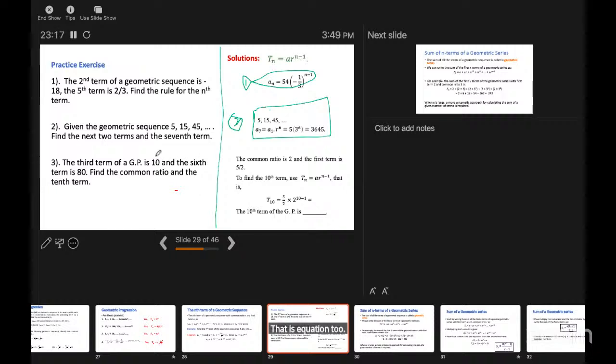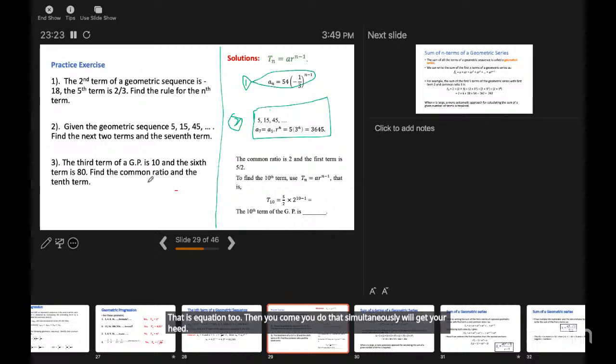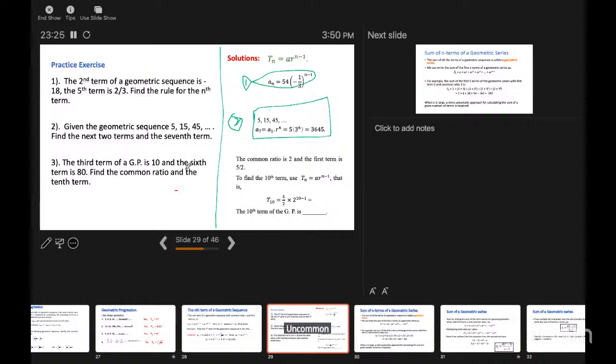Then you solve these simultaneously to get your A and common ratio, and then you apply Tn again to find the 10th term.